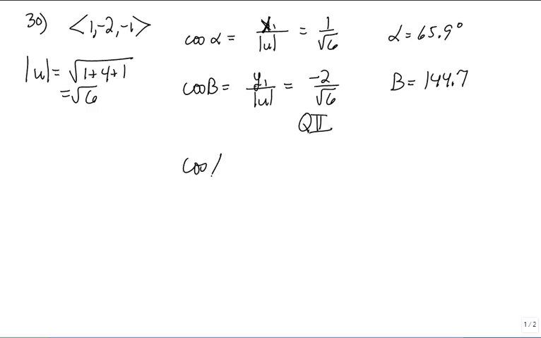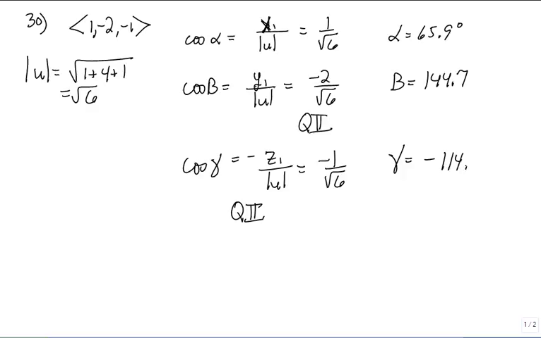And then cosine gamma is z1 over the magnitude of u, which is minus 1 over the square root of 6. Again, this is in quadrant 2, so gamma is 180 minus the first one, 65.9, which is 114.1. These are in degrees.